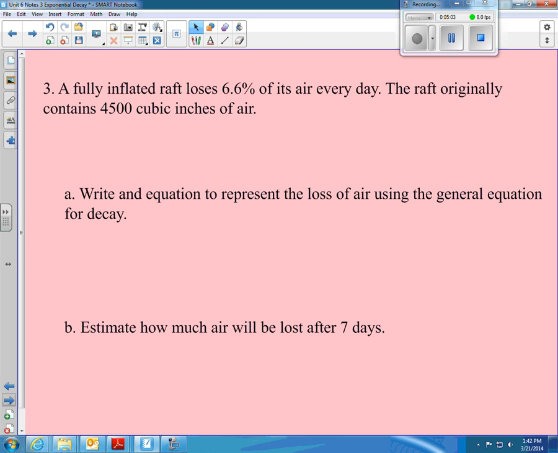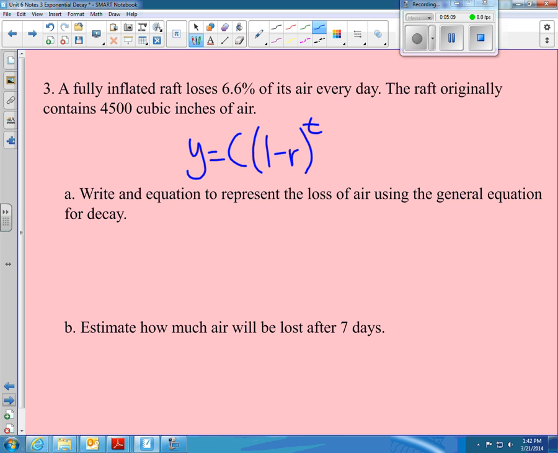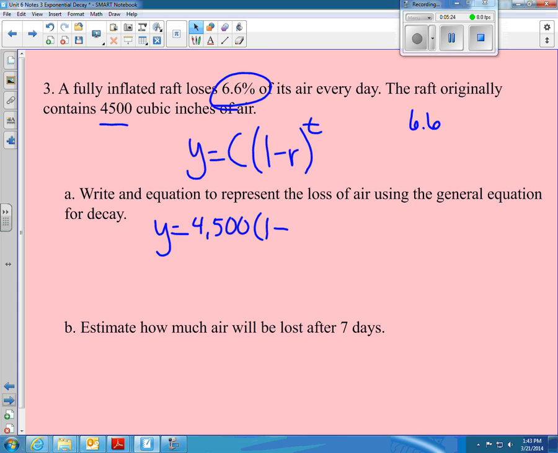So our general equation for decay, remember, was y equals the original value times 1 minus our rate. Okay, so our original value we start with is 4,500. 1 minus, here we are given a percentage, so we need to change this from a percentage by moving our decimal point to the left.